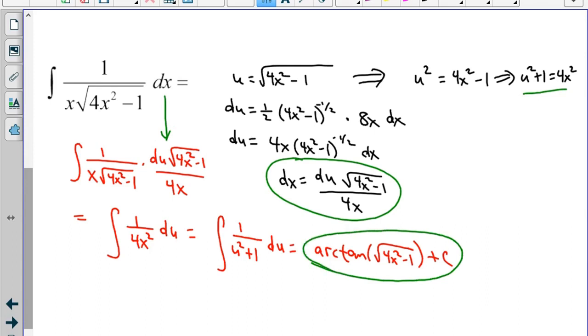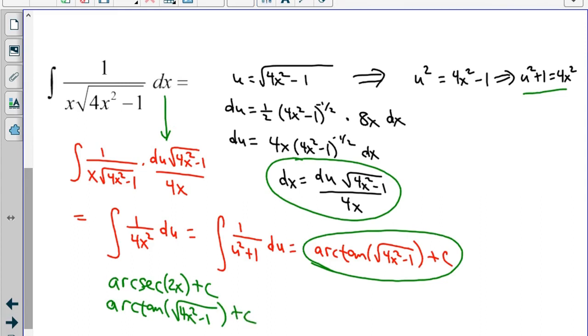So notice I can get two different answers for this problem. I got arcsecant of 2x plus c, or I got arctangent of root 4x squared minus 1 plus c. You should be able to show that both of these are equivalent, and I will really quick. Let's just make it in the first quadrant.